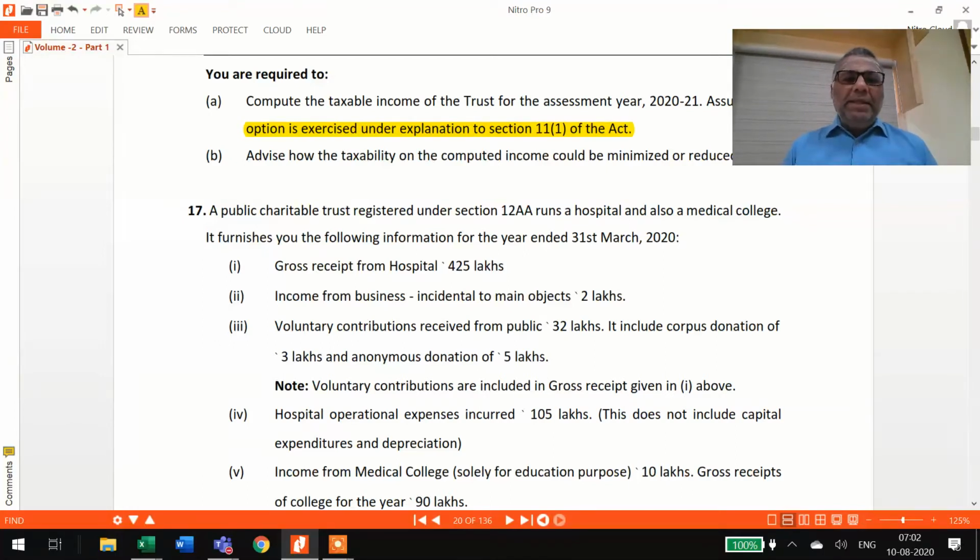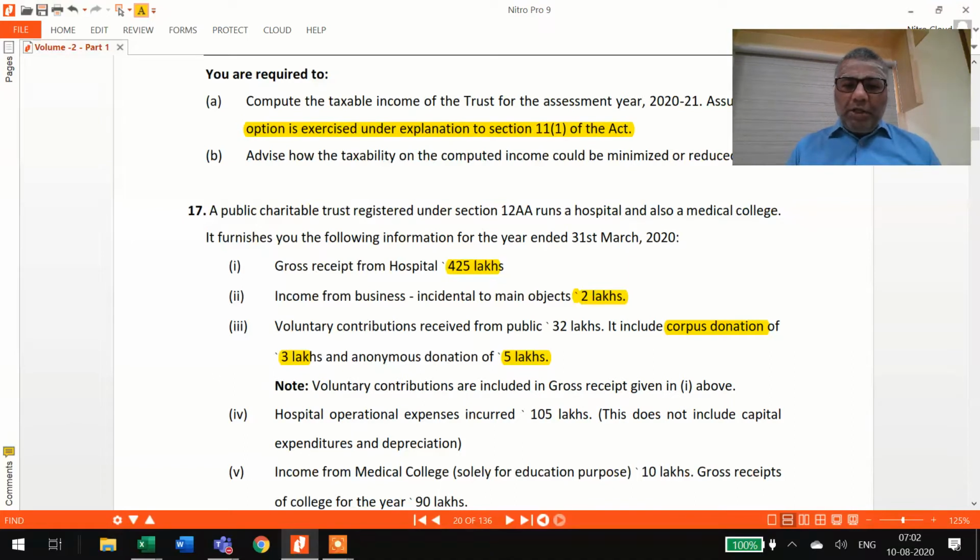A public charitable trust registered under 12AA runs a hospital as well as a medical college. It furnishes the following information. Gross receipts from hospital 425 lakhs. Income from business incidental 2 lakhs. Voluntary contribution received 32 lakhs. It includes corpus donation of rupees 3 lakhs and anonymous donation of rupees 5 lakh.